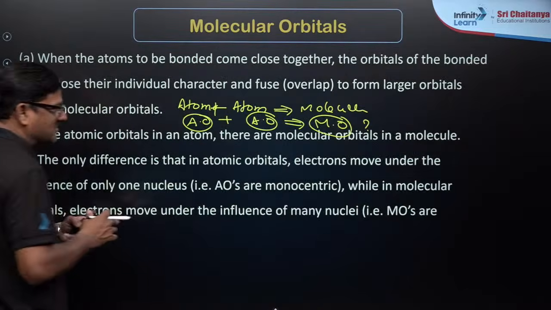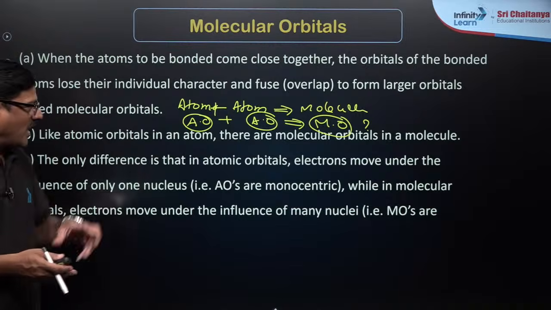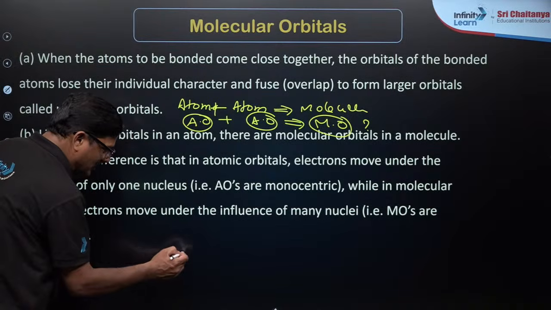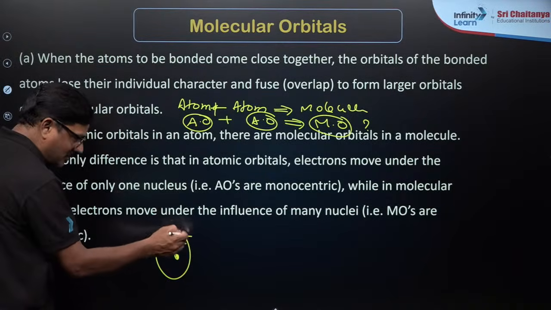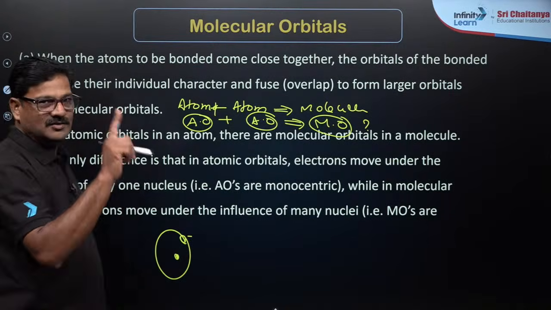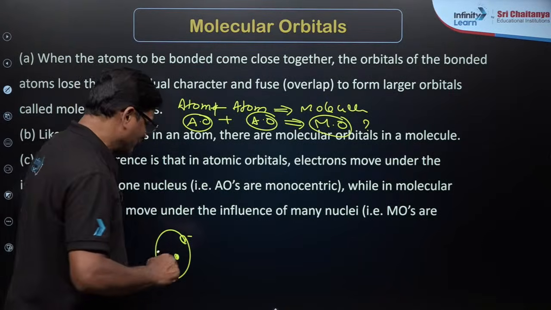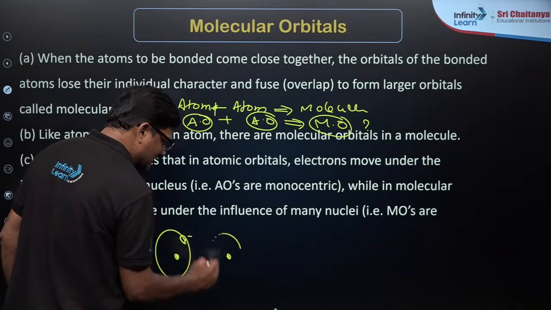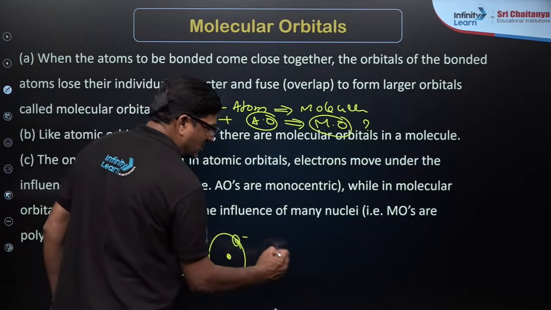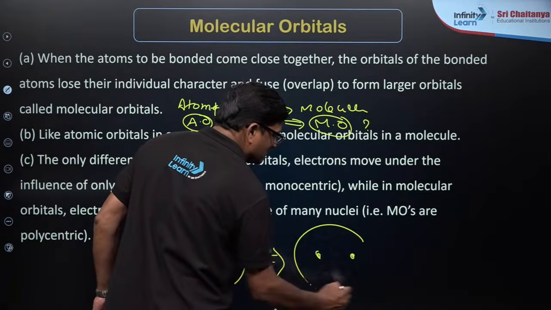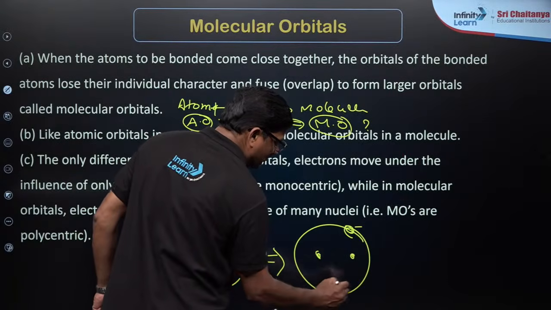The only difference is in the atomic orbitals. Atomic orbitals mean the electron present in the atom is revolving around one nucleus, while this is a nucleus and this is an electron. Now this becomes a molecule, and in this molecule the electrons are revolving like this.